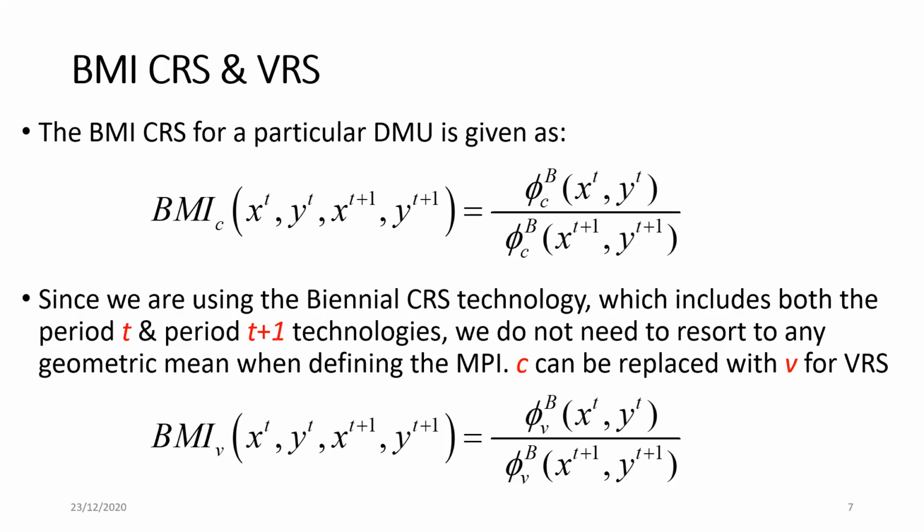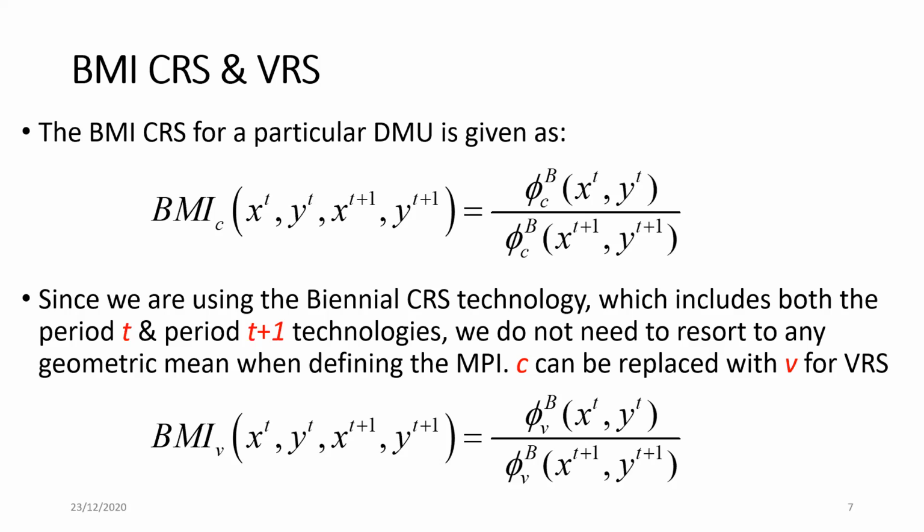Since that is the case, we don't need to go to any geometric mean, because we tended to use a geometric mean when dealing with the original standard Malmquist, as the technologies were different. But the biennial more or less envelopes the two different T and T plus 1 technologies.